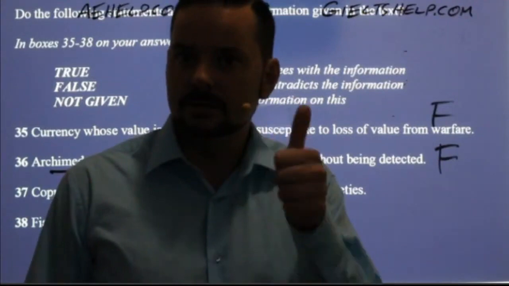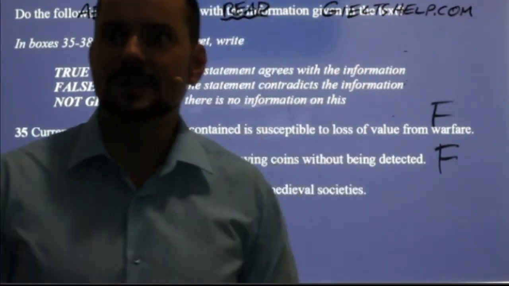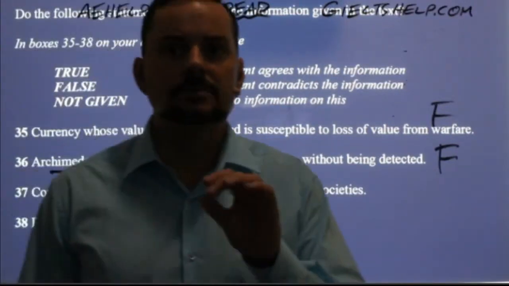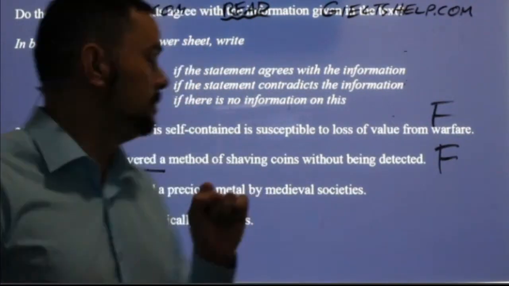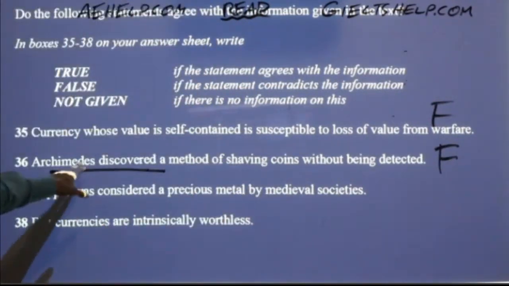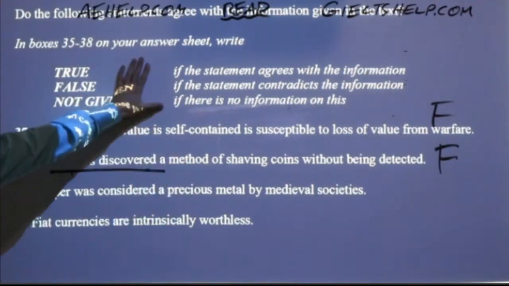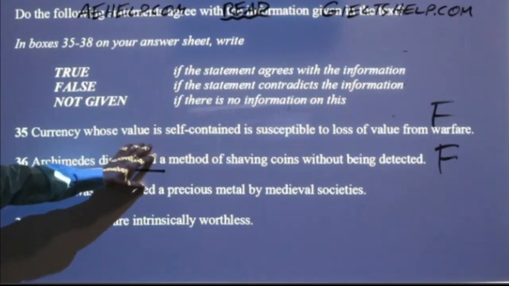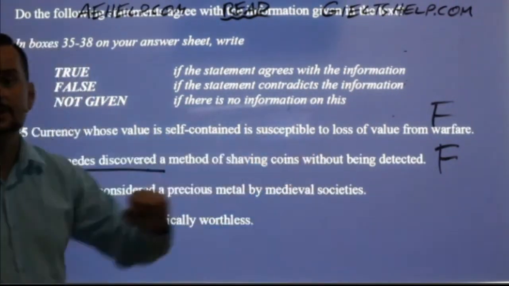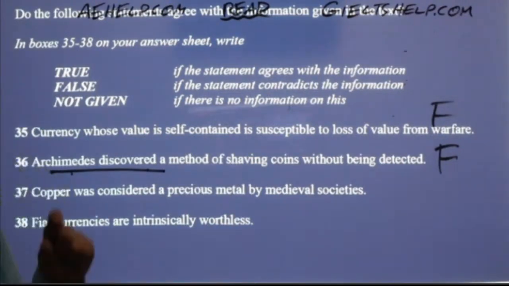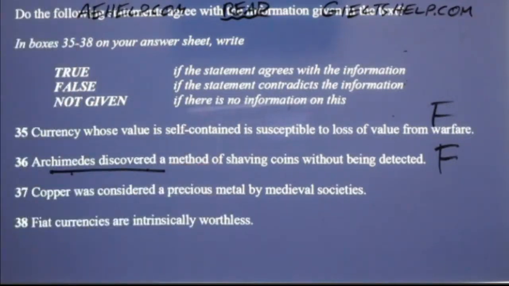Okay, everybody, thumbs up, yeah, okay. So yeah, Hassan, you have to be very patient and very critical with that first one, right? Here, is Archimedes' discovery important for this passage? Yes, it is, because he figured out how to make sure that people aren't cheating with gold currency, right? So you have to be a little bit extra careful with that first question. Okay, good.